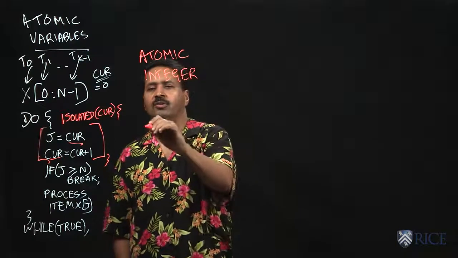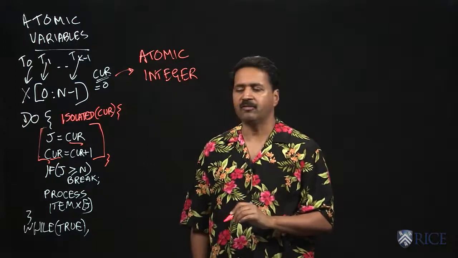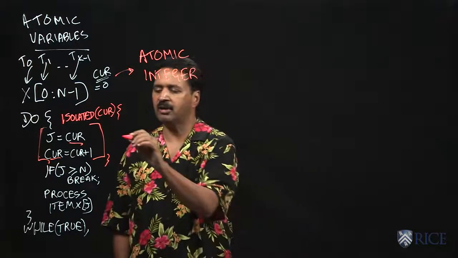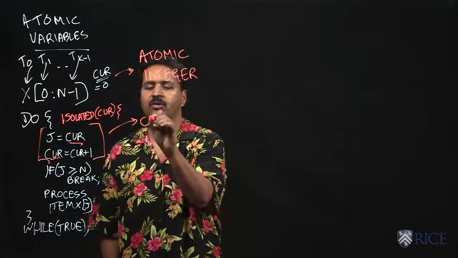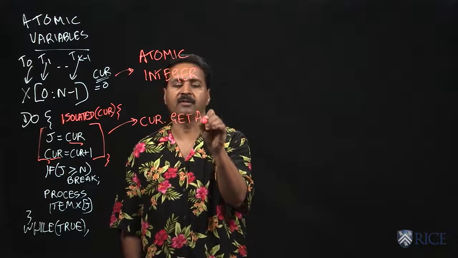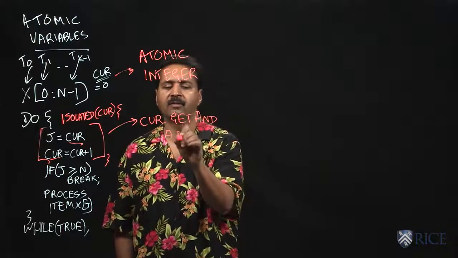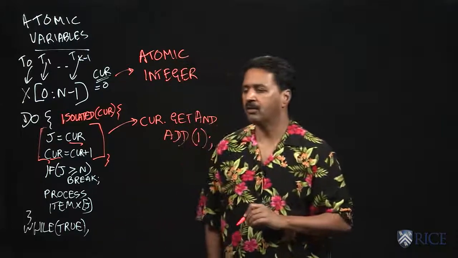And so what we could do is we could make current an atomic integer. And if current was declared to be an atomic integer, instead of us writing the low-level code to do the addition, we would call something like current dot getAndAdd, and you provide an increment value. In this case, it's just 1.